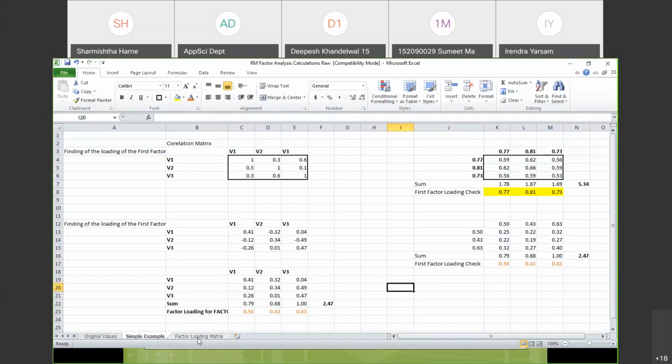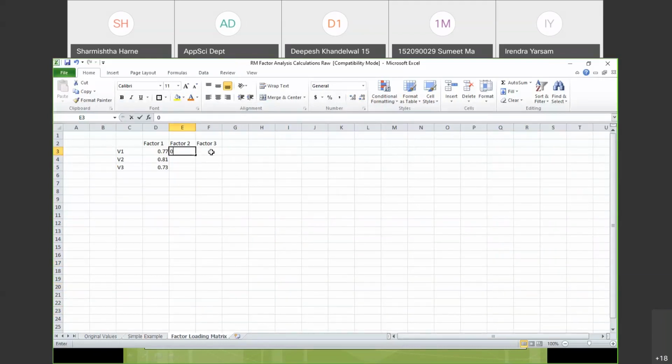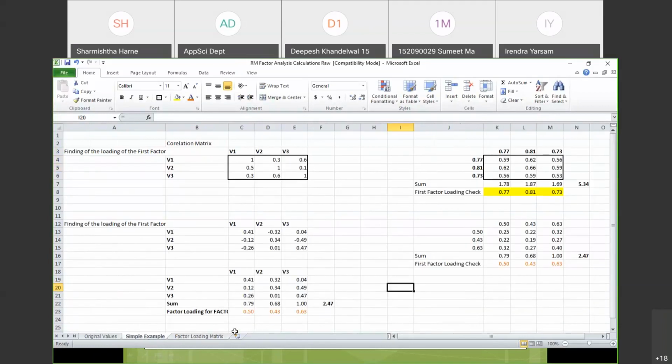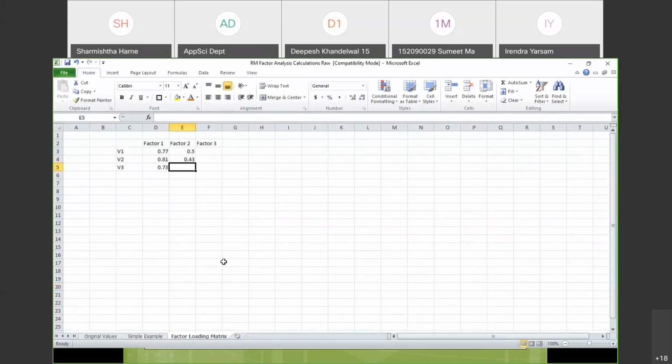Let us take this as factor loading 0.50, 0.43, or 0.6, 0.63.